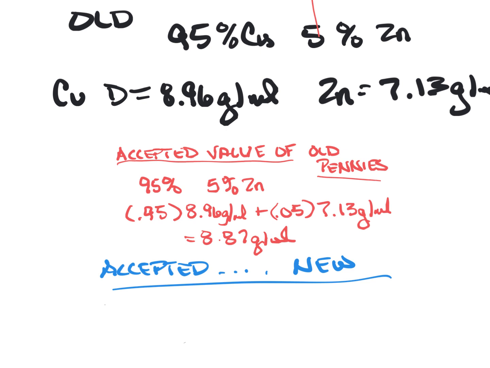All right, so the accepted value of the new ones, these are 97.5% zinc and 2.5% copper.